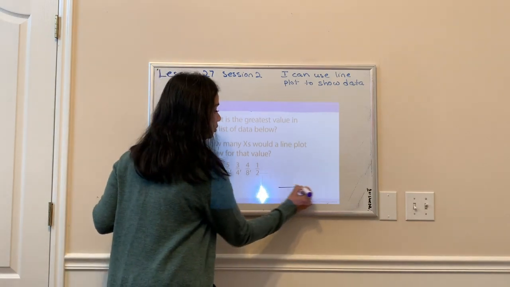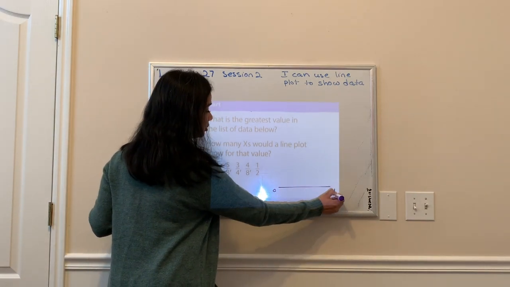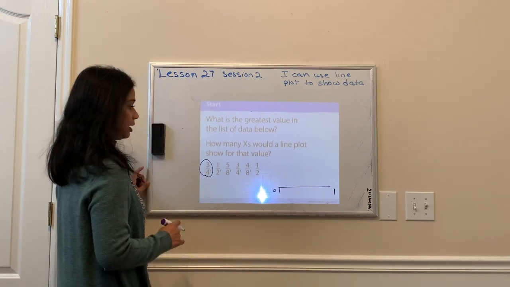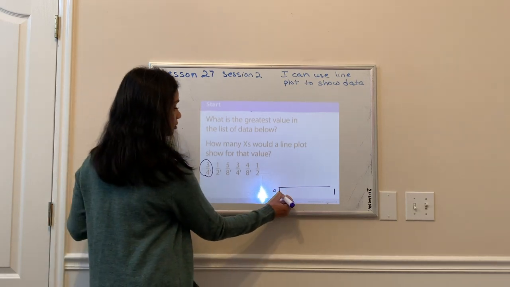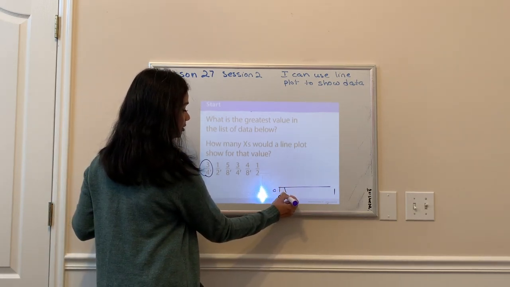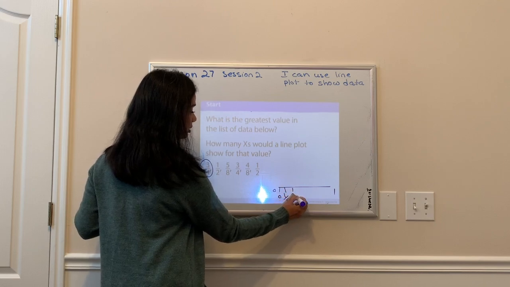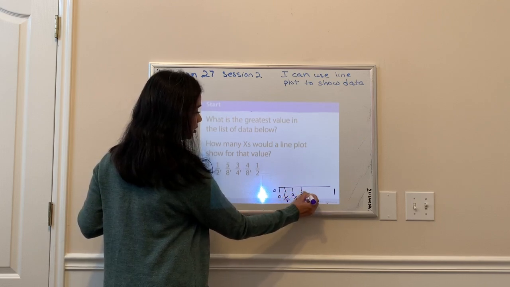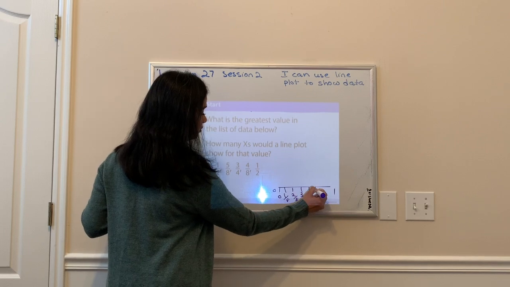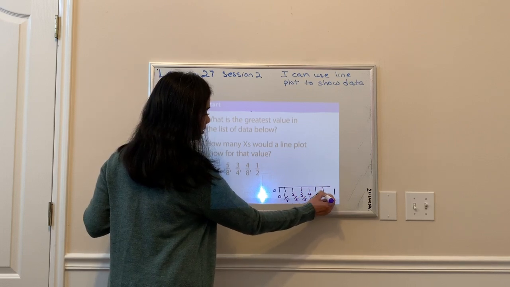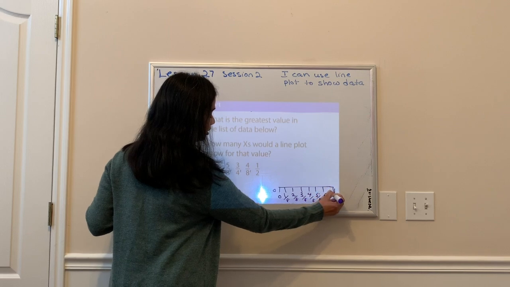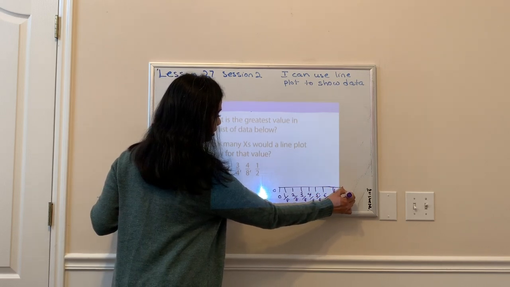So a line plot is going to go from 0 to 1, right? And if we have 0, we have 1/8, 2/8, 3/8, 4/8, 5/8, 6/8, 7/8, and 8/8.